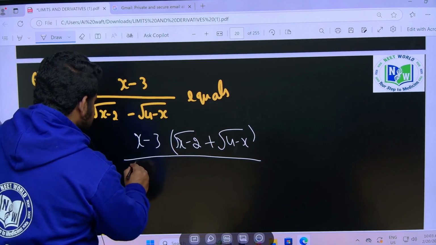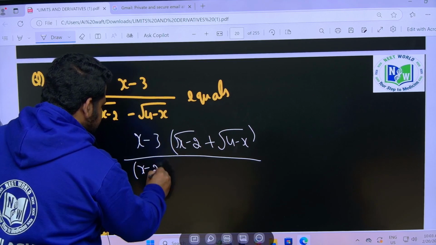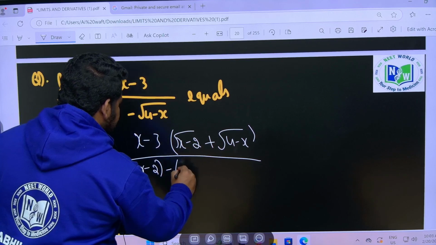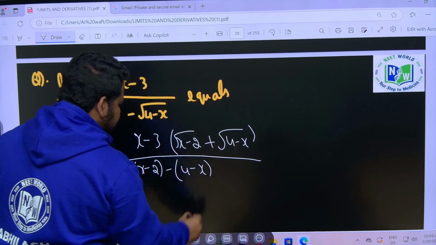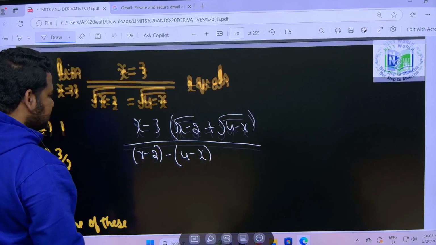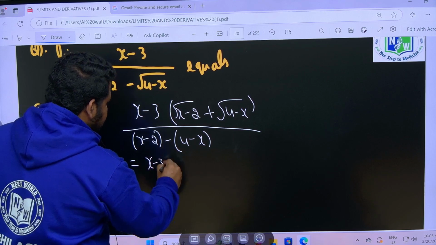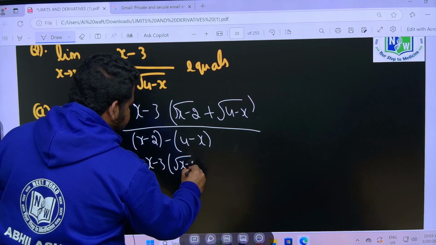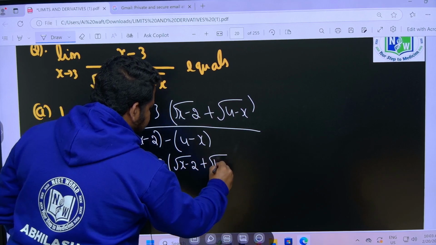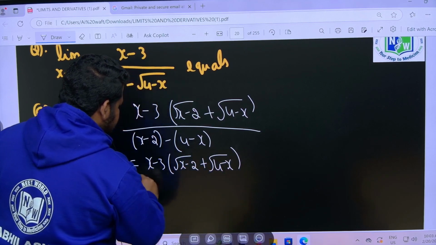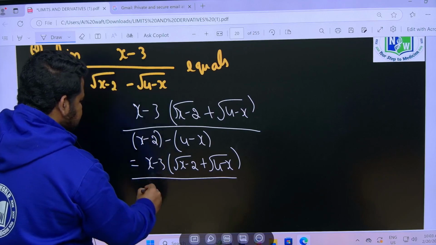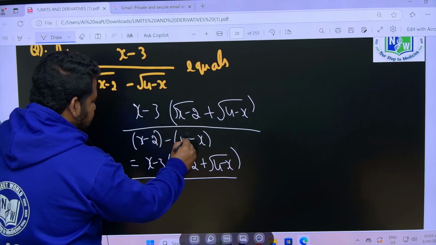We will get it as x minus 2 minus (4 minus x). Directly I am writing. So this will become equal to (x minus 3) into (square root of x minus 2 plus square root of 4 minus x) by x minus 2 minus 4 plus x.